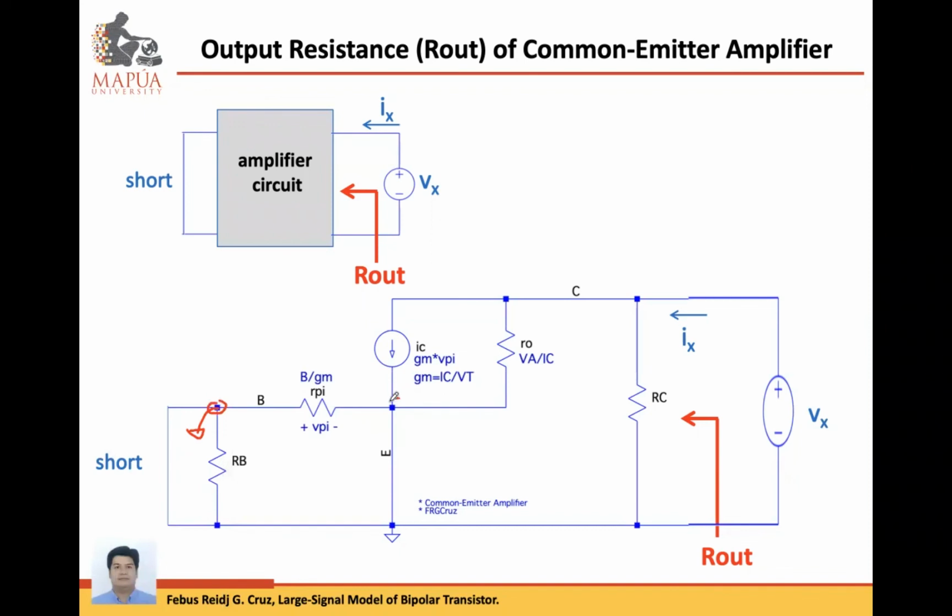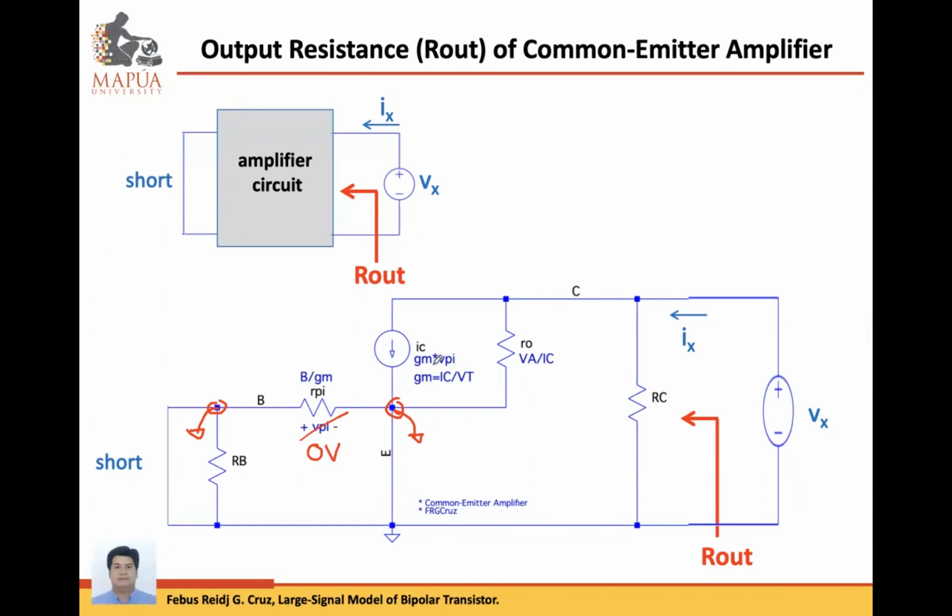How about the emitter? Emitter is also connected to ground. So that means the voltage V pi, yung both nodes are shorted or connected to ground. That means V pi is equal to 0 volt. So we don't have any input voltage source.